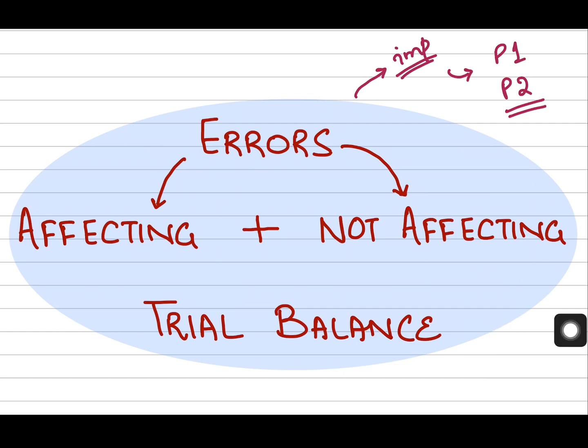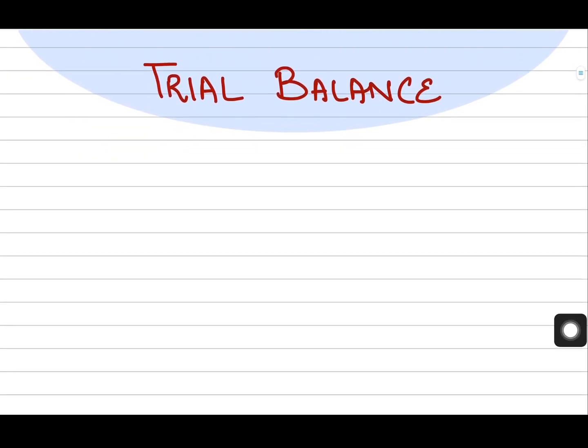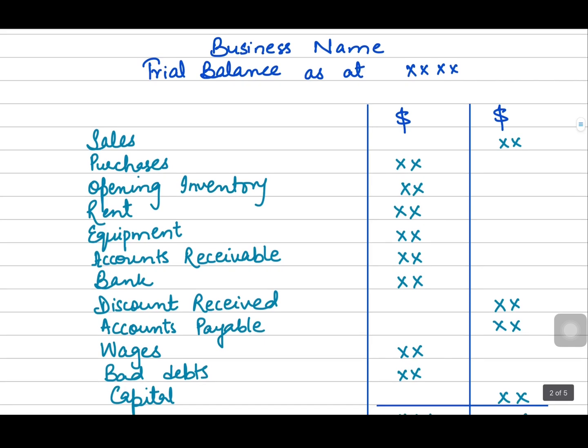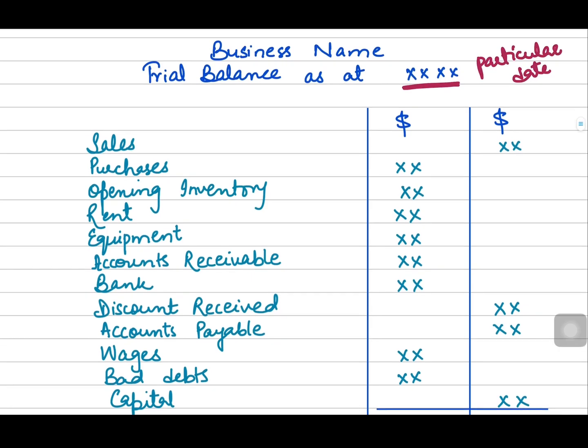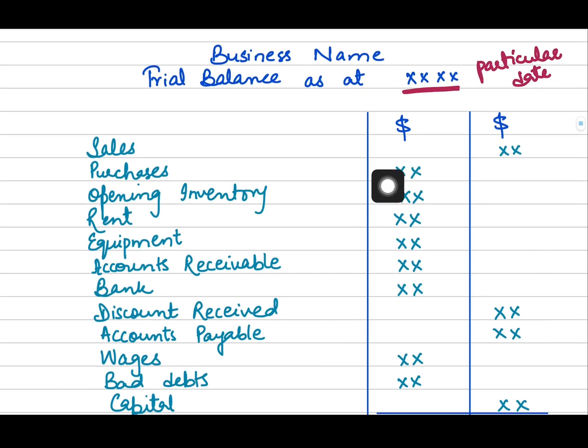Now before moving towards the errors, let me just quickly brief you about what a trial balance is. First of all, a trial balance looks like this. You write the name of the business, then a trial balance is prepared at a specific date, just like a statement of financial position is prepared at a particular date. This trial balance has two columns, a debit column and a credit column.